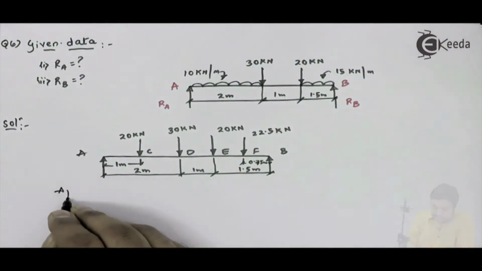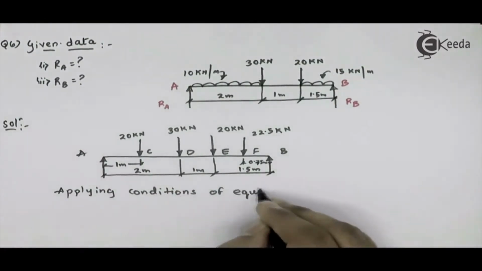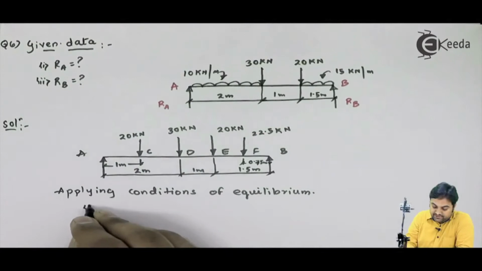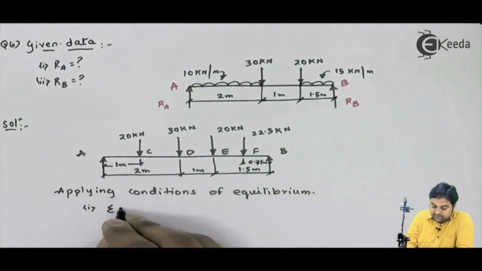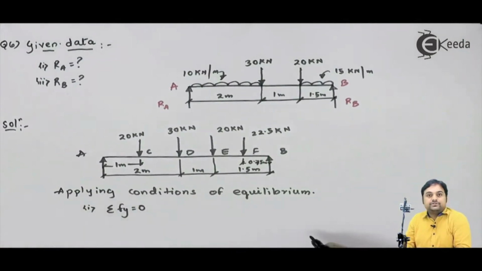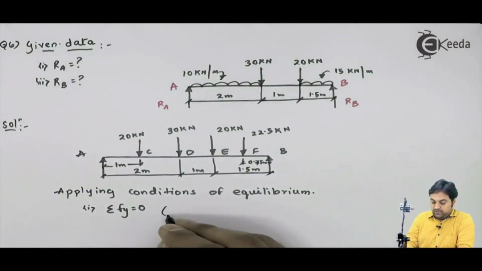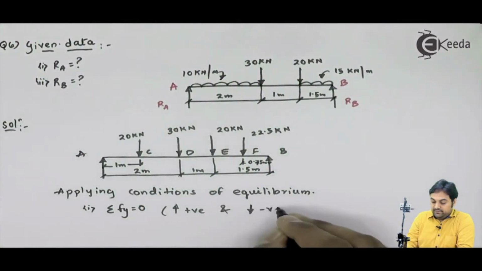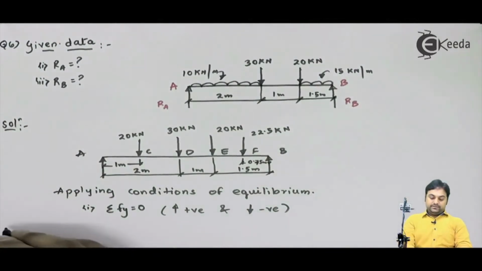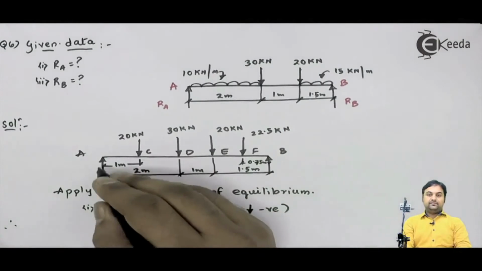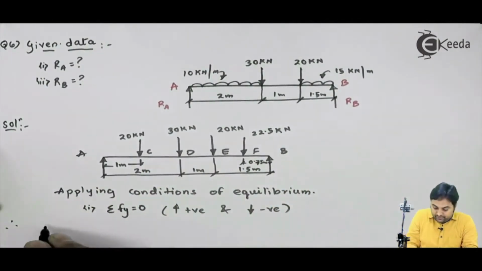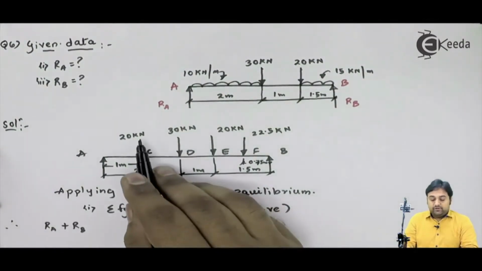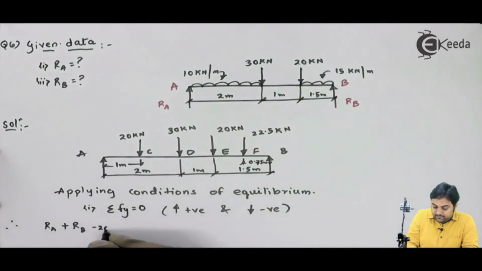I'll say that applying the first condition, that is summation of Fy, sum of all vertical forces are to be taken as 0, where all my upward forces would be positive and all downward forces would be negative. Hence, I will say that here I have Ra which is upward, Rb which is upward, so it will be Ra plus Rb. 20 kilonewton is downward, so it will be minus 20. 30 is downward, so it will be minus 30.